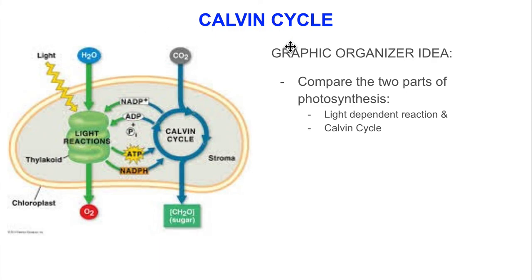All right, so a good graphic organizer is to compare those two parts, the light-dependent reaction and the Calvin cycle. Here's both of them together. This right here is my chloroplast. That chlorophyll is going to capture the sunlight. Water is going to go in, and I'm going to use that energy from the sun to split that water apart. Oxygen will come out.